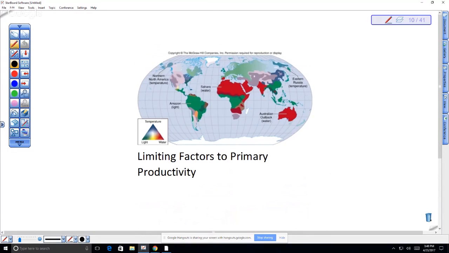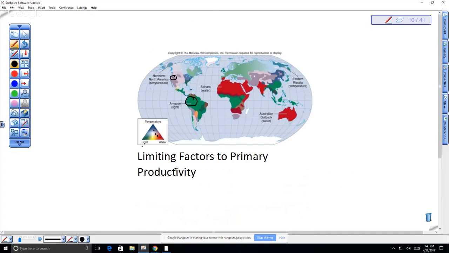Okay, so this is just a reiteration of this idea of light, water, and temperature. These are the limiting factors for each of these. For example, when we look at the Amazon, the limiting factor is light, and that could be due to cloud coverage. But in North America, the limiting factor is more towards water, temperature, and light, so it's kind of in the middle. We have all three of these things.